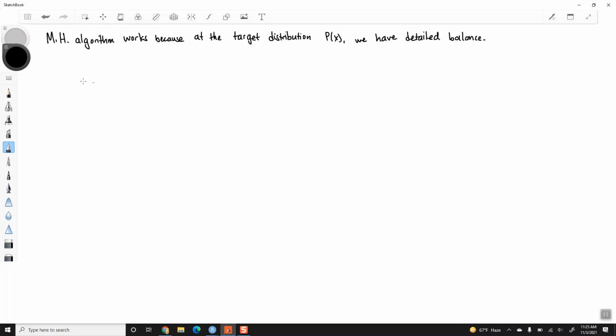So that is to say that if you have some state xt and some state x prime, we want to say that the amount flowing from xt to x prime is exactly equal to the amount flowing from x prime to xt.